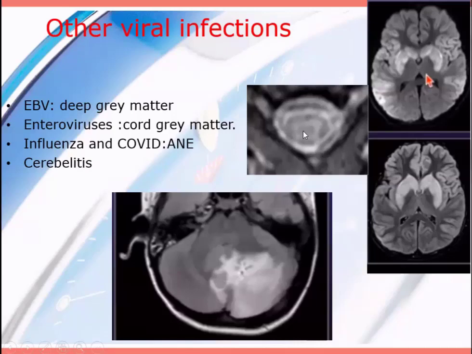When we find the gray matter affected in the cord, usually we suggest an autoimmune or a demyelinating process or something like that. But no, you have to note that enterovirus has the same appearance. It affects the gray matter of the cord. If the patient comes with flaccid paralysis and fever, maybe it is enterovirus. They have to do lab diagnosis for enterovirus to be sure before diagnosing that it is autoimmune.